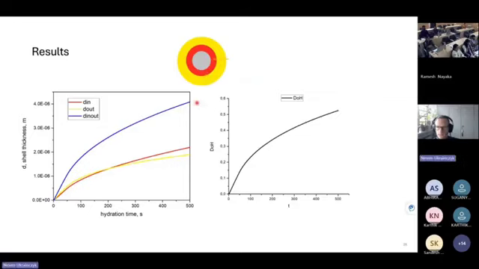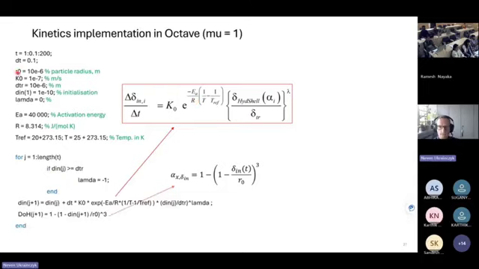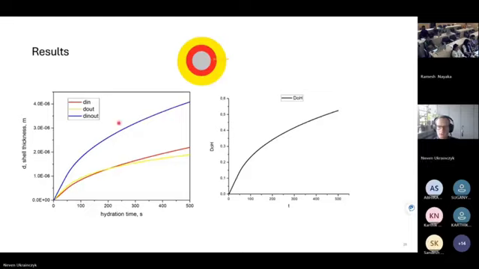I think here we had the particle with 1 micrometer radius, so 2 micrometer diameter, and then we can see how the shell thickness evolves. So we have 4 micrometers plus 2 micrometers. So the expansion factor is 2 here, which we know from the 2.3, but the degree of reaction went till 55%.